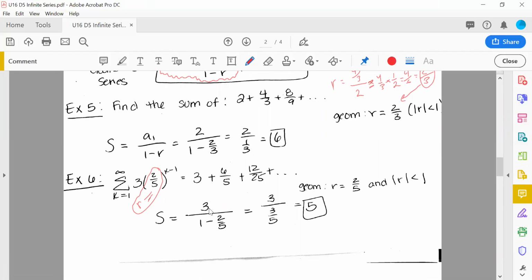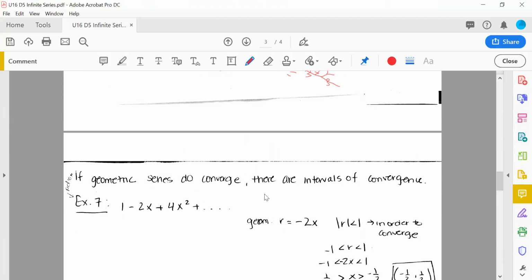So 3, the first term, divided by 1 minus 2/5, so that's 3 divided by 3/5, which is the same as 3 times 5/3. The 3's cancel, and you're left with 5. This may be one of the more simple formulas to use, is it not? My goodness. Once you understand that R is between positive and negative 1, you are golden. All right, here we go. Example 7.